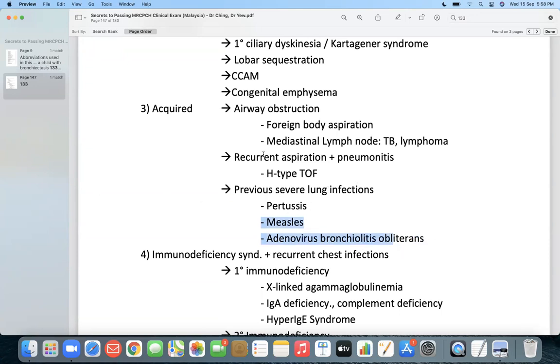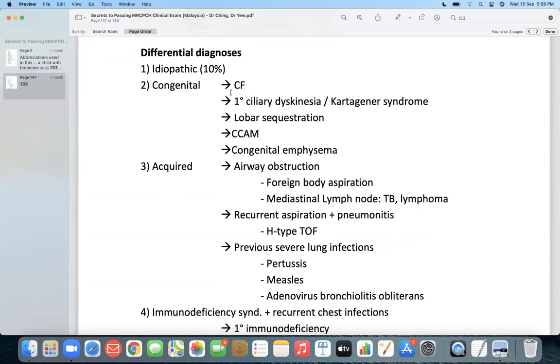The tracheoesophageal fistula repair will be done as soon as possible, so you can put it down, but don't forget cystic fibrosis and ciliary dyskinesia at any age. For a baby like 1 year, you can consider CCAM, congenital emphysema, lobar sequestration, everything.